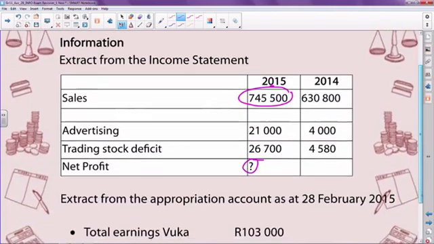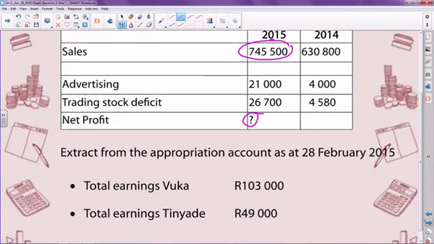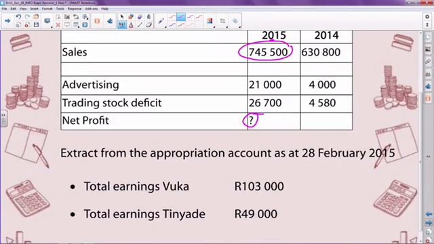Below, and I've already spoken about this, I've got an extract of my appropriation account. And again, a reminder, the appropriation account looks at the sharing of your net profit. So net profit was shared between VUCA and Tanyada. The total earnings that VUCA received, 103,000. The total earnings that Tanyada was entitled to, 49,000.